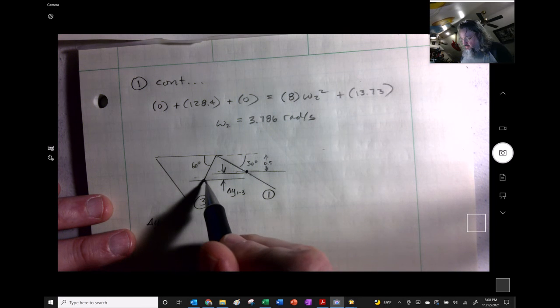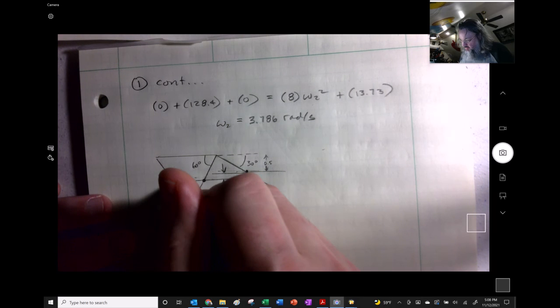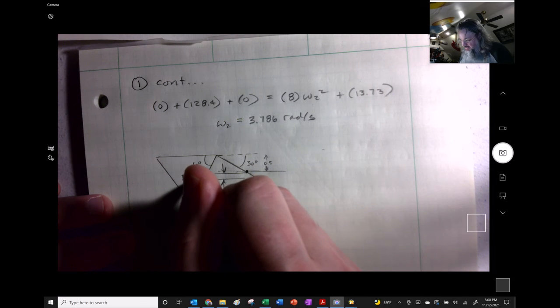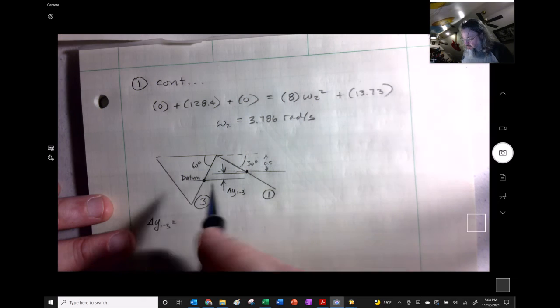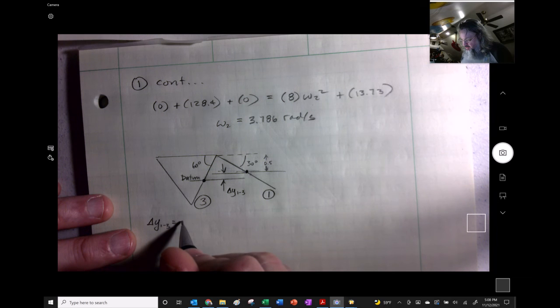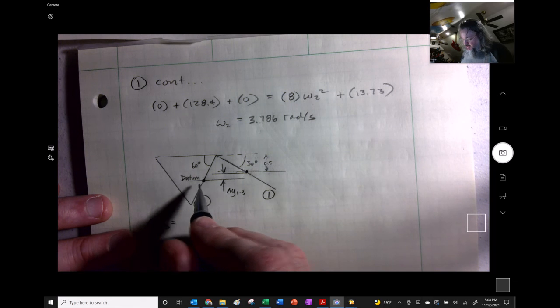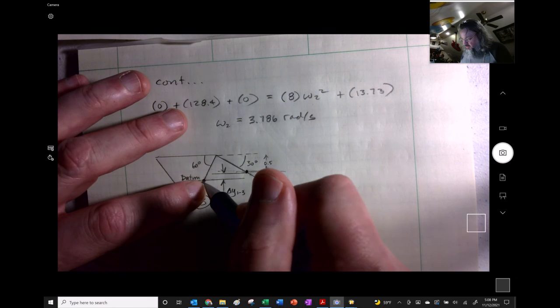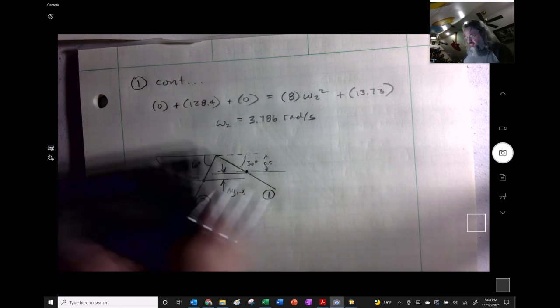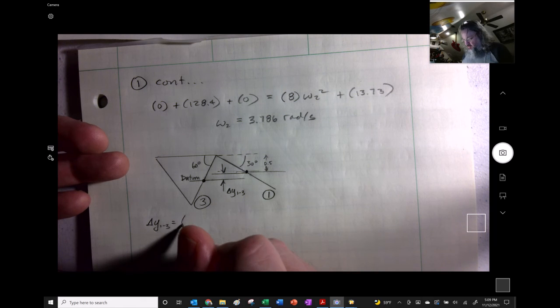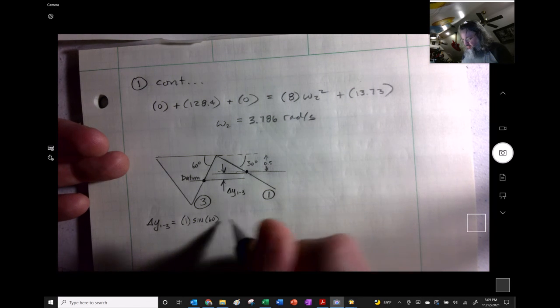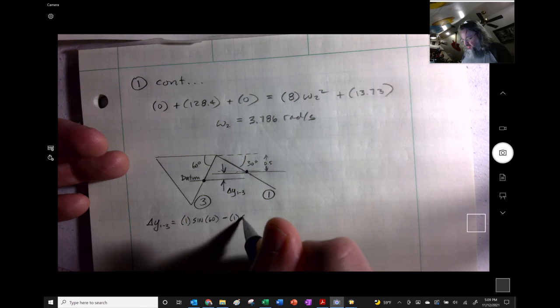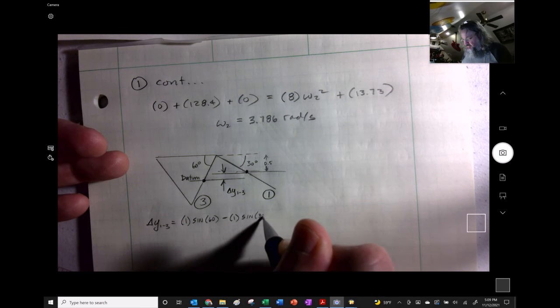All right, so this is the new, we'll reset the datum right there. And delta y 1, 3, this is going to be 1 times the sine of 60, right? So I'll write it out. 1 times the sine of 60 minus 1 times the sine of 30.